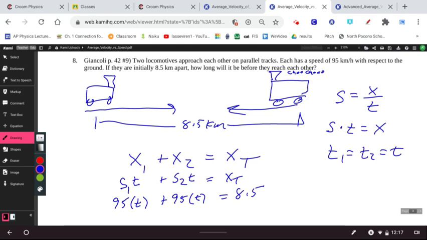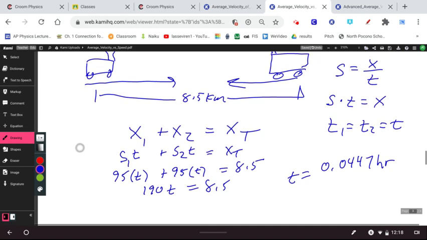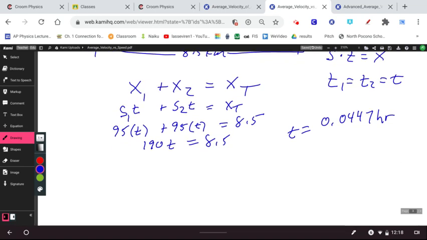So when you add this together, you get 190 T is equal to 8.5, which means T is equal to, when you plug that into your calculator, 8.5 divided by 190. You end up with 0.0447 hours.